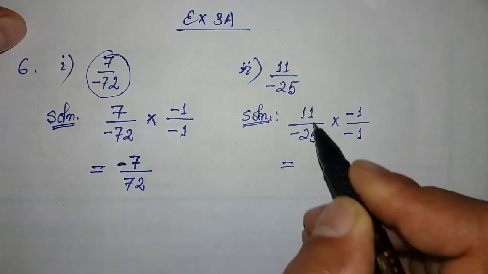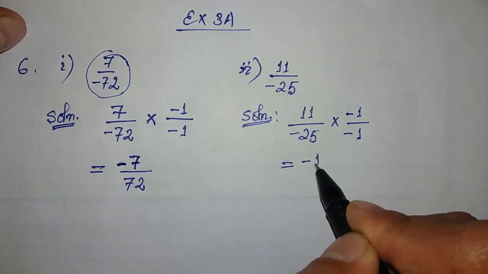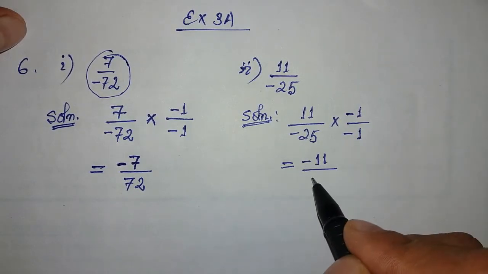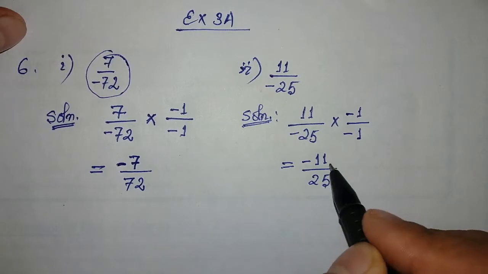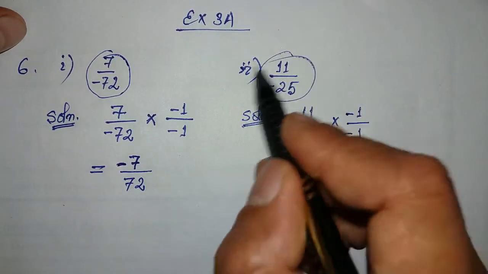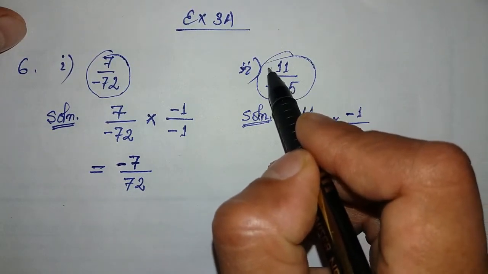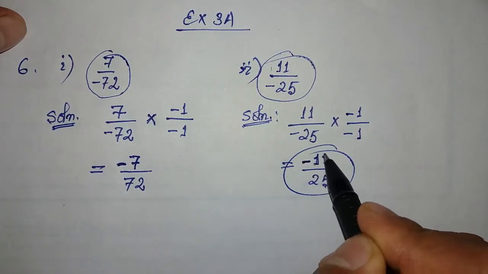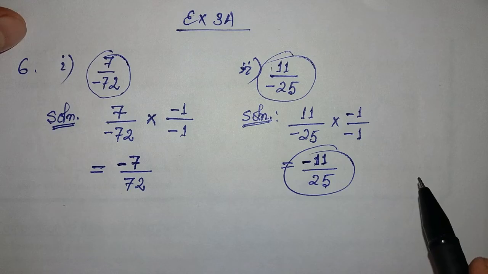Now 11 into minus 1 is minus 11. Minus minus is plus, 25 ones are 25. So this is our answer. Here in the question the numerator is positive, and now we have converted it into negative. So now we have a negative number in the numerator.